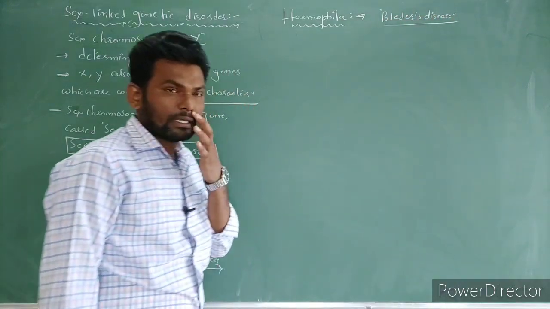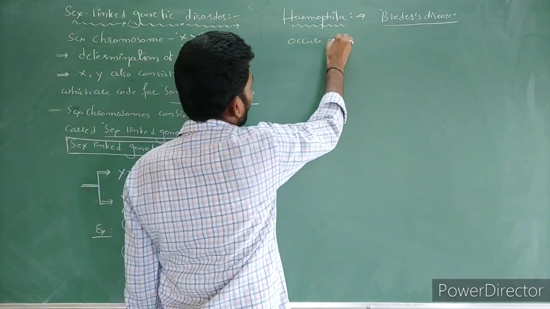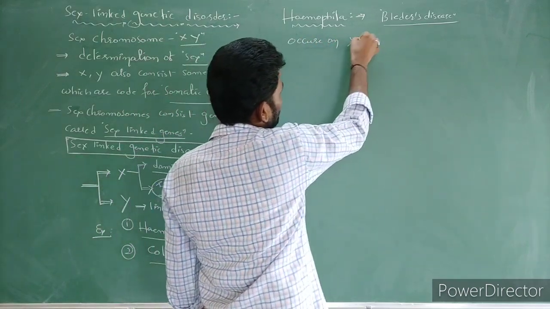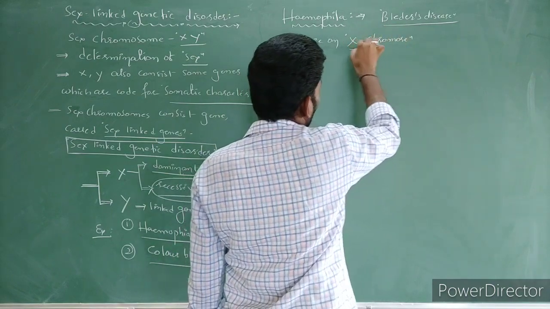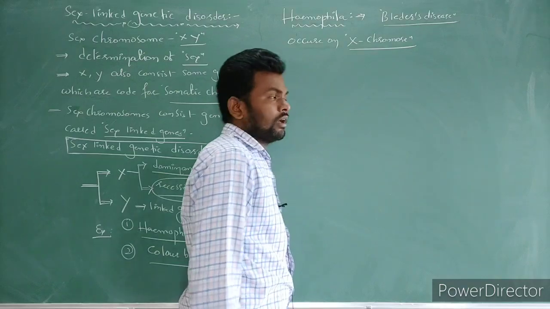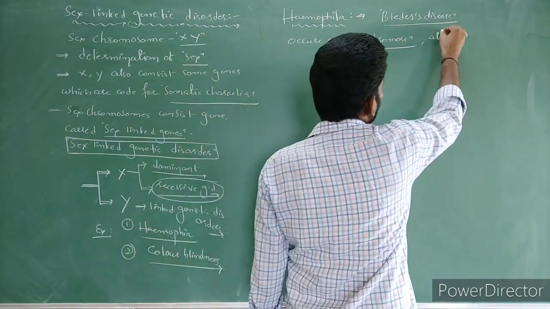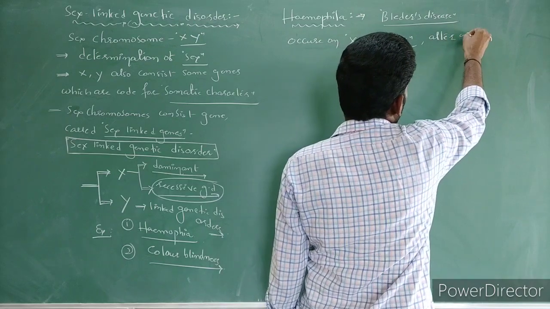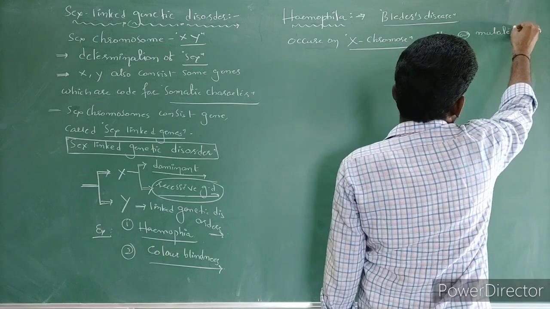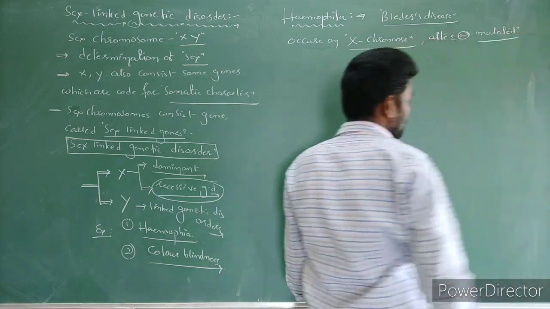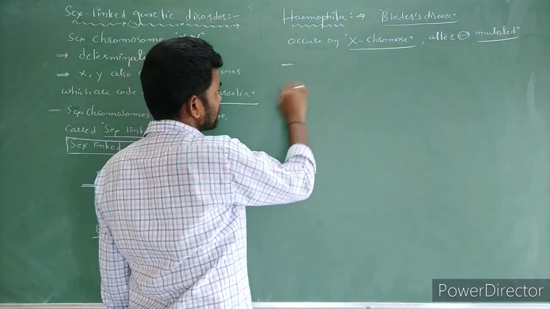So these genes which occur on the X chromosome, the X chromosome containing hemophilic genes, are altered or mutated. So due to the alteration or mutation, what happened here?